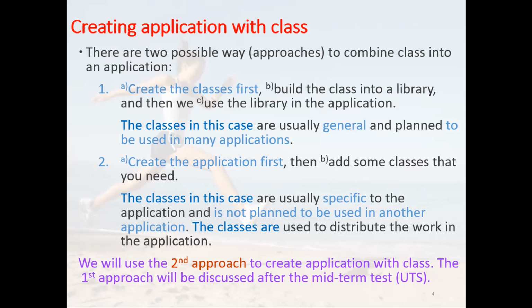In this case, we build only the class without an application, so we focus on building a library. A library contains a class. Once we compile our class into a library, it can be used by other applications.